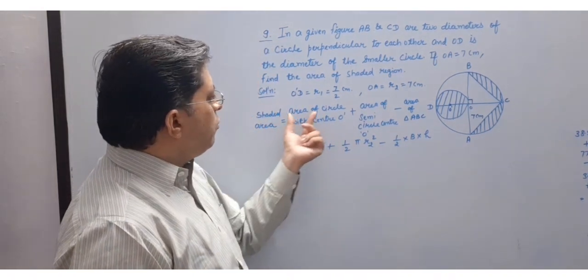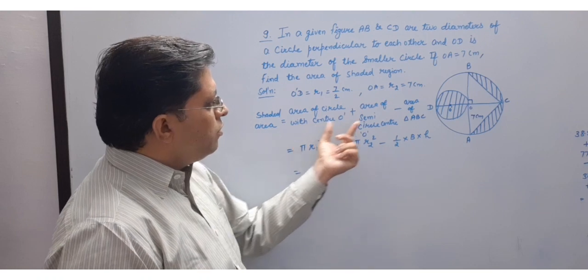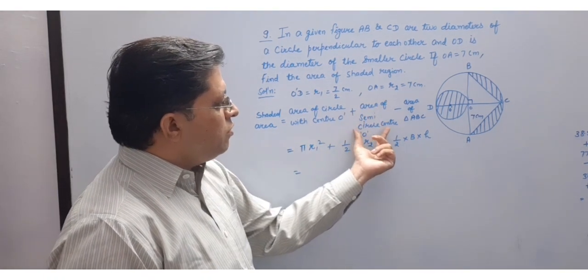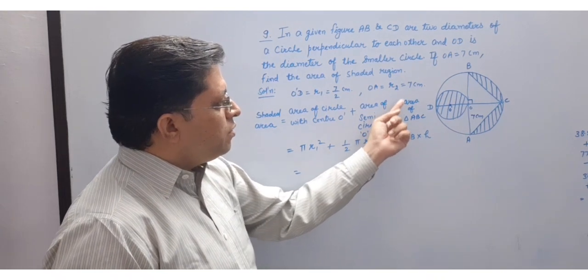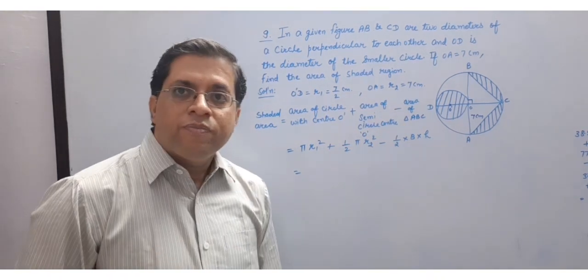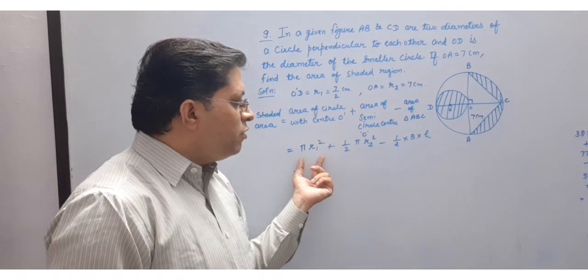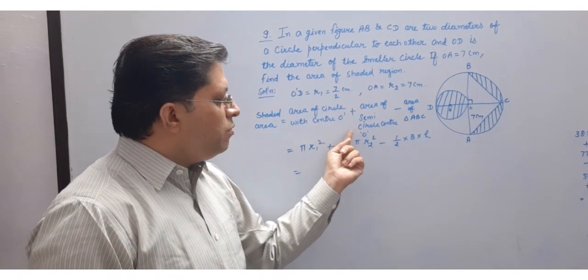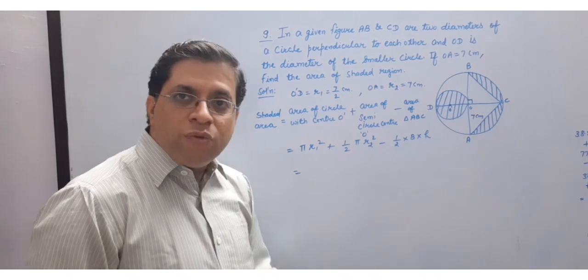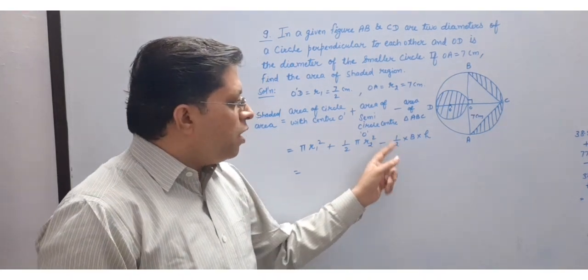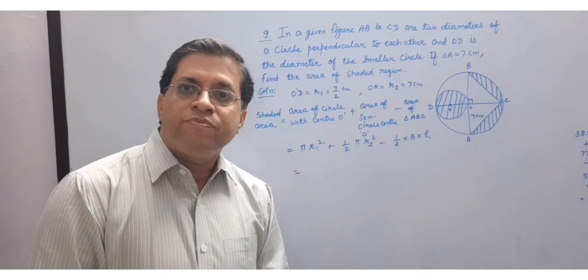Shaded area is equal to area of circle with center O dash plus area of semicircle with center O minus area of triangle ABC. Okay, this is pi r1 square. This is your semicircle, that is why 1 upon 2 pi r2 square minus half of b into h.